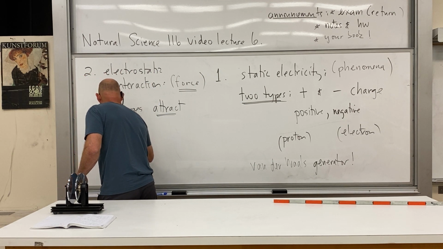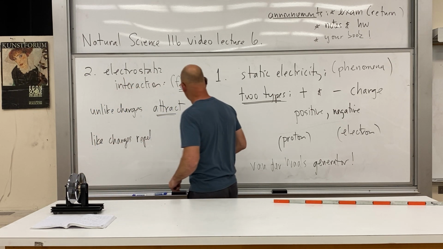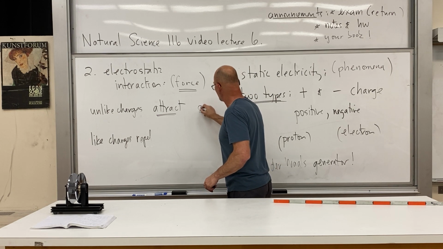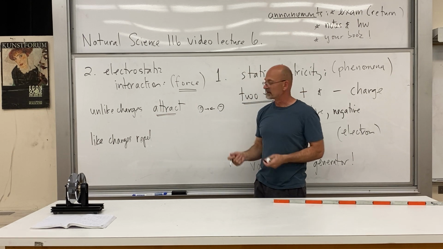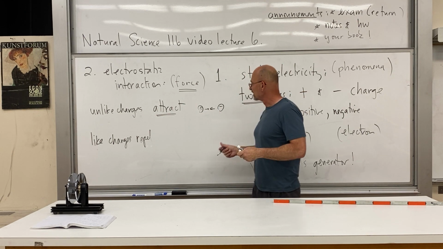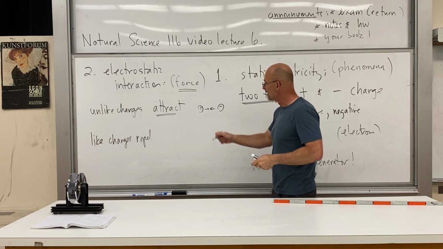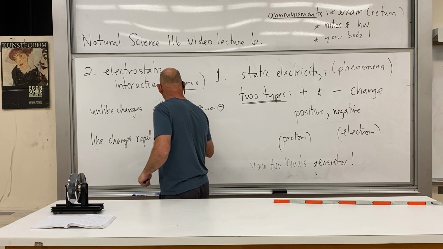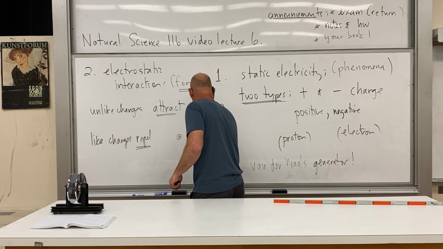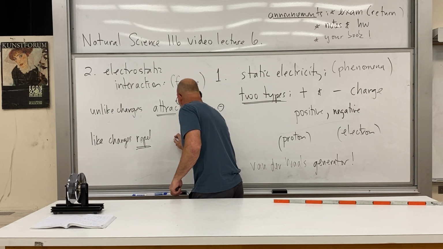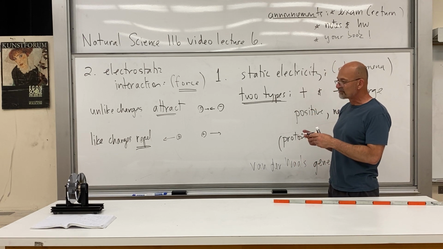Like charges repel. Okay. So for example, you have a plus and a minus, and they're going to be attracted towards each other. There's a force of attraction. You would have to exert a force to hold them apart. That's what we're saying here. Like charges repel. So for example, if you had a plus and a plus, then they would be forced apart. Okay. So the point is that there is a force.